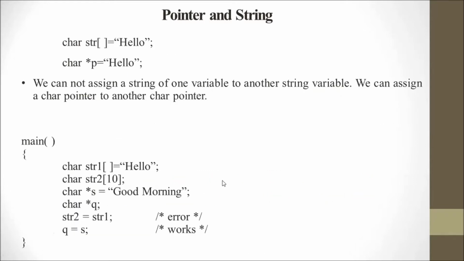Pointer and string. Here we have a character string hello and a character pointer p. Here we cannot assign a string variable to another string variable. Suppose hello is one string, and this hello is assigned to another string, p. That is not possible because one string cannot be assigned to another string.